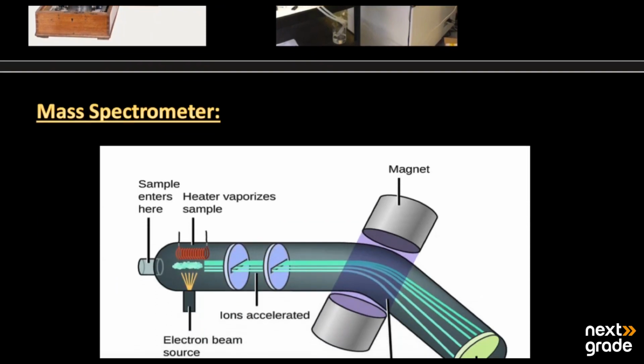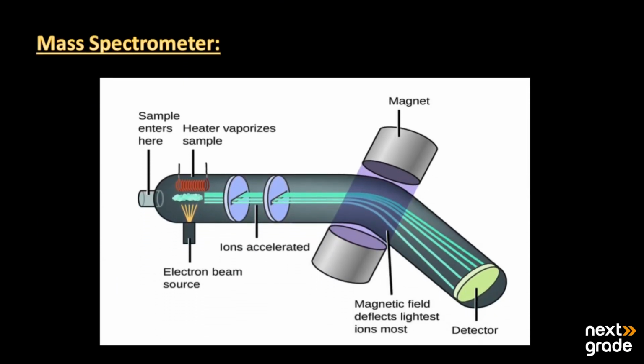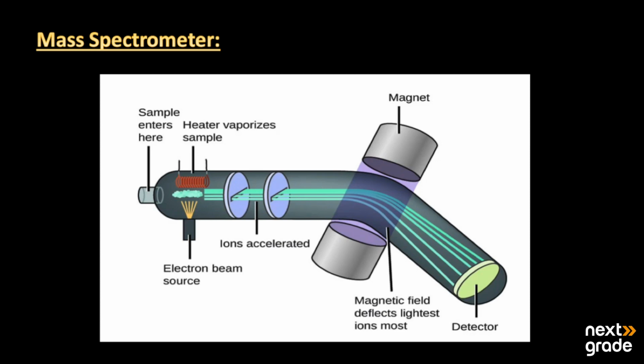How does it work? What is the internal structure for the working of the mass spectrometer? First of all, the sample enters and is heated by the heat vaporizer. Here the sample is converted into vapors, and then an electron beam source is applied.